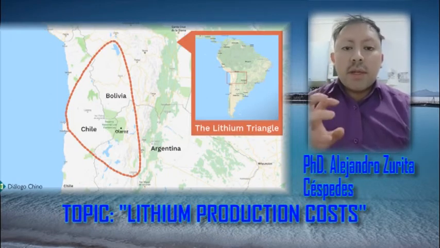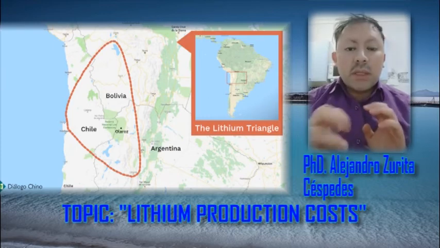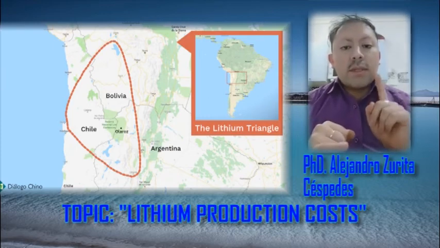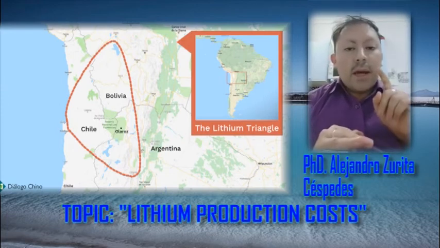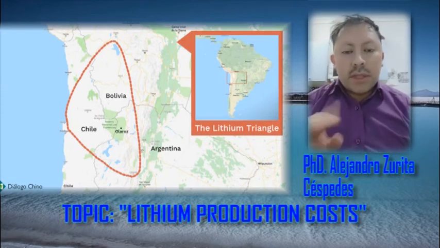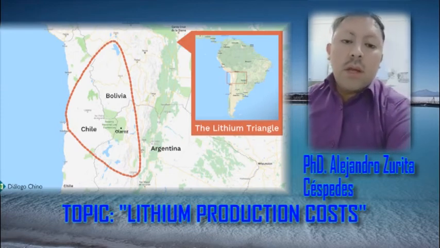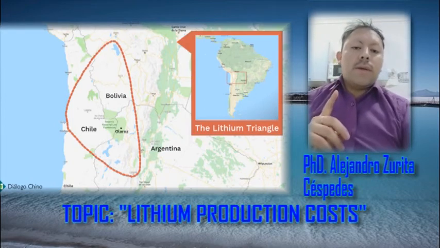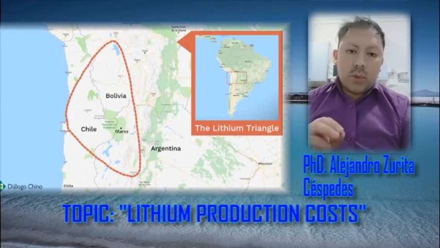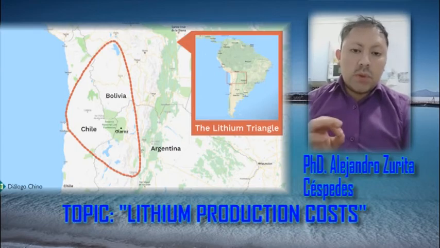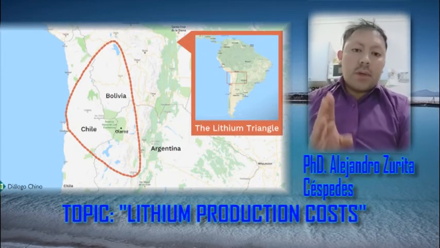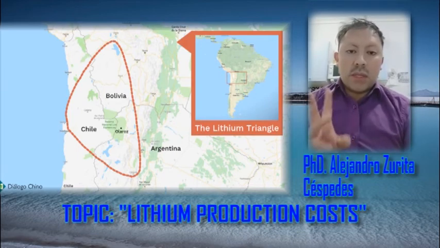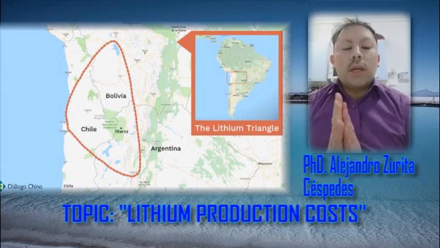It's not the information that is running around the internet that I have seen, 5.8 million, 2.5. No, it's 21. It's the first country with the most reserves in the world. Chile is already a top producer country, producing in huge quantities. They have huge reserves too. It's the second country.